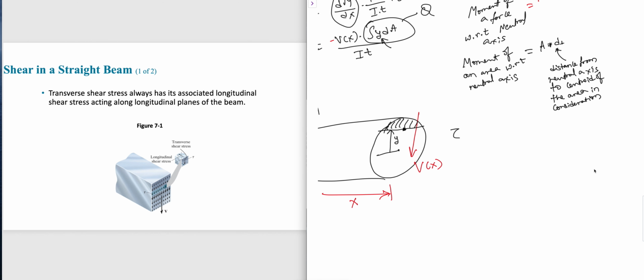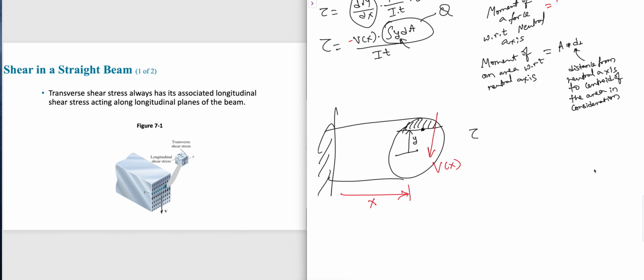You're patient enough to come to this point, so pay a little bit more attention. The shear stress is nothing but the shear force times y dA. What did I say about this y? Moment of area, which is nothing but the distance from the neutral axis to the centroid of the area in consideration.